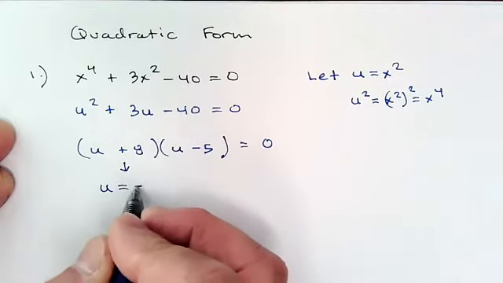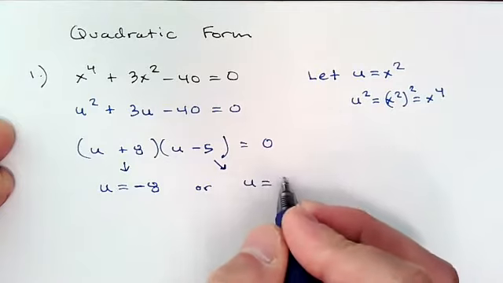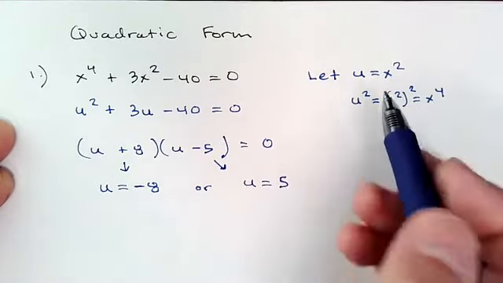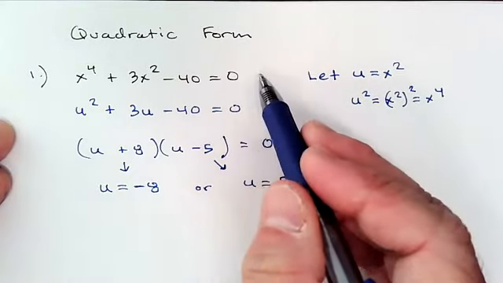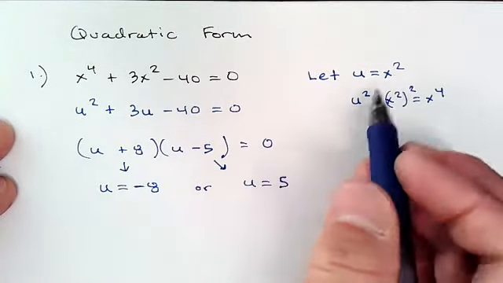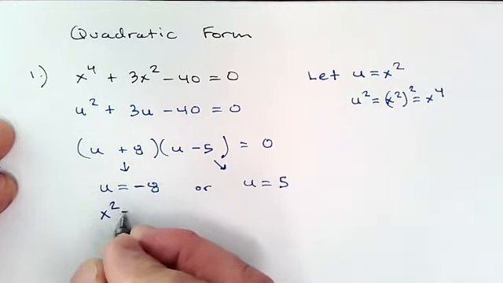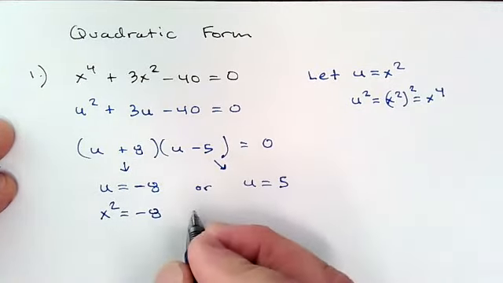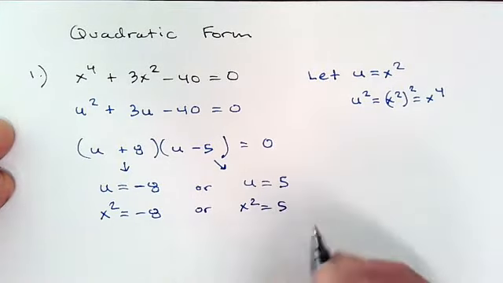So that means u is either equal to negative 8 or u is equal to positive 5. Now we've solved it for u, but our original problem was in terms of x. So after we get it solved for u, we should replace back. What did u equal? U equaled x squared. So I have either x squared equals negative 8 or x squared equals 5.